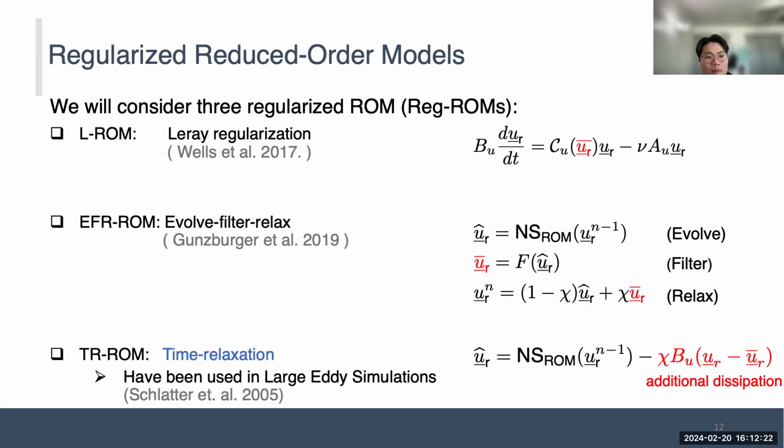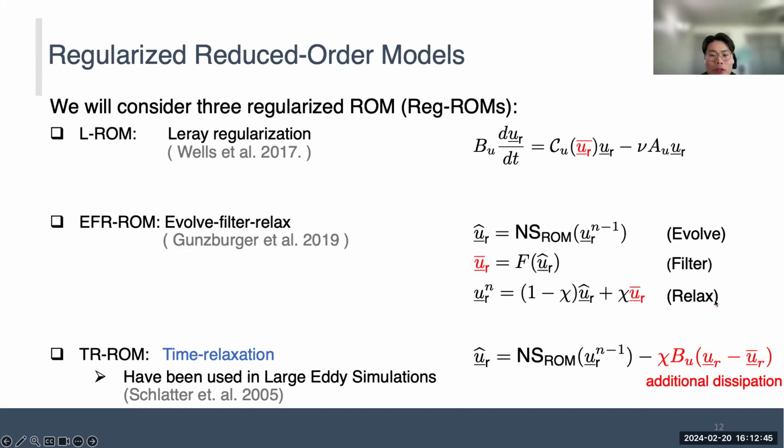And in this paper, we propose the time-relaxation ROM, which is a new regularized ROM. The idea is to add additional dissipation characteristics by relaxation parameters and the difference between the unfiltered and filtered solution.